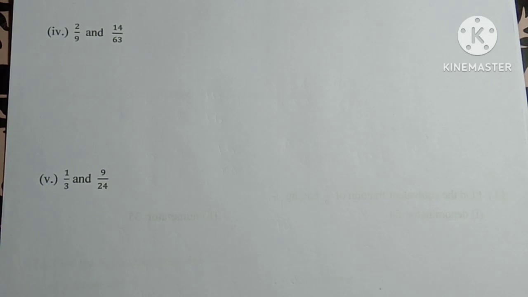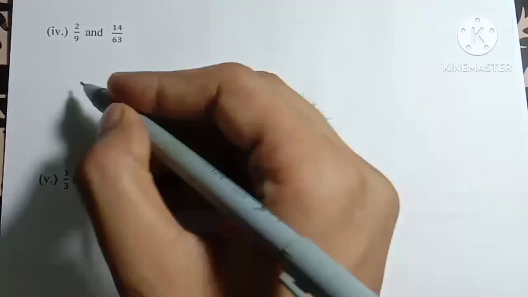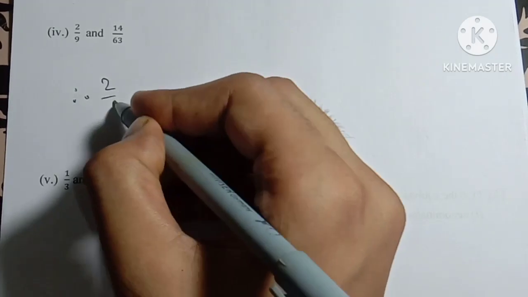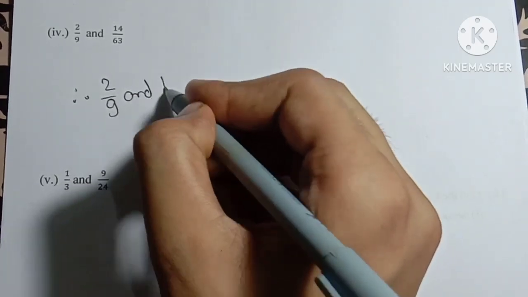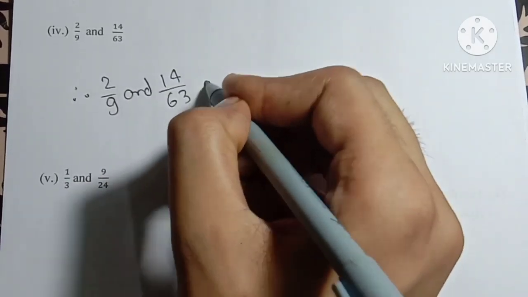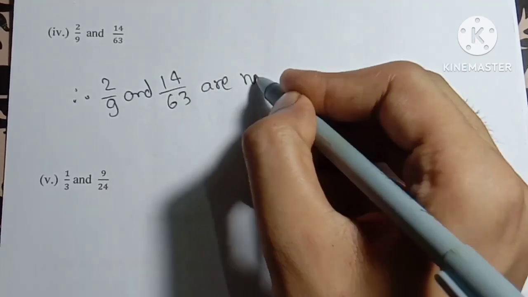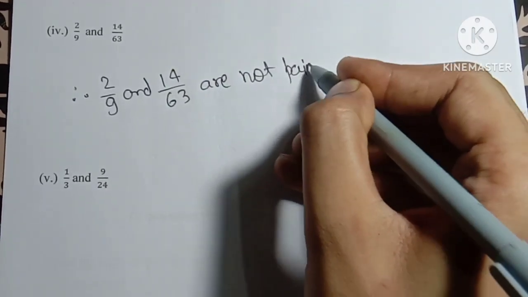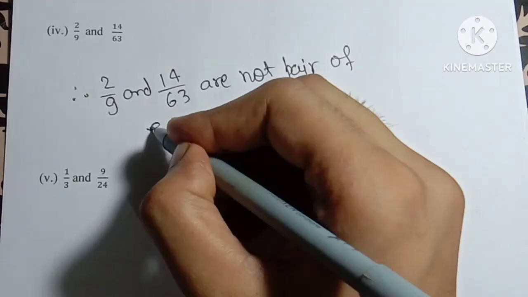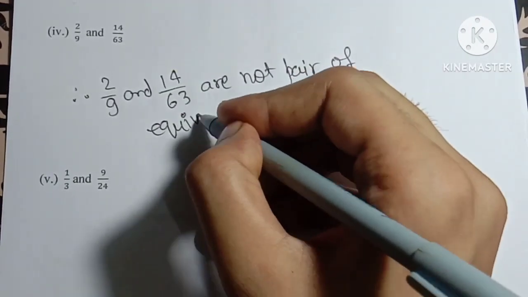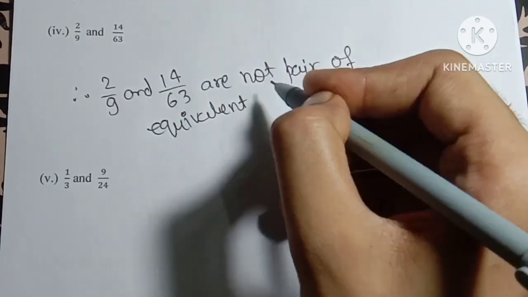So both are not equivalent, very clear. So we will write that 2 by 9 and 14 by 63 are not a pair of equivalent fractions.